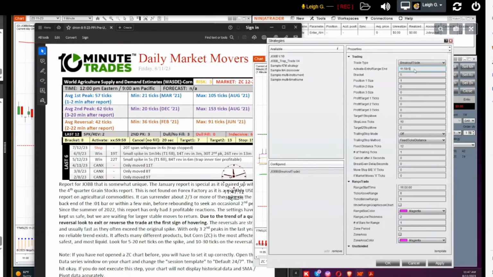Bracket of 7. I'm not going to do 8. I'm going to do 7. And the targets are going to be smaller. I'm just going to use a target of 6 and 13. And the stop is 15.